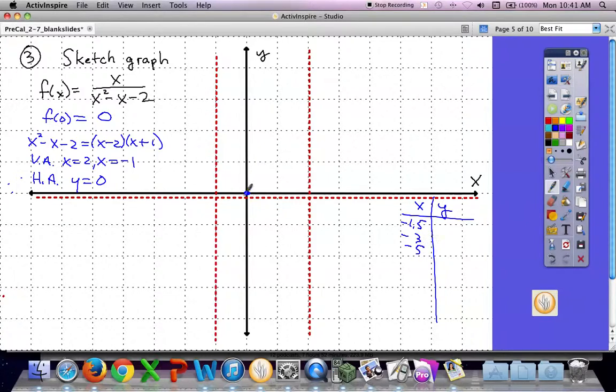And between the origin and that vertical asymptote, how about negative 1/2? And between the origin and x equals 2, how about 1? And then how about 3 points over here? I'll pick 2.5, and then 4 and 6.